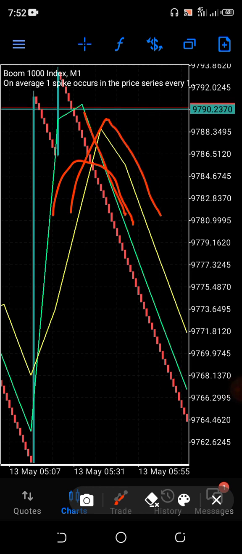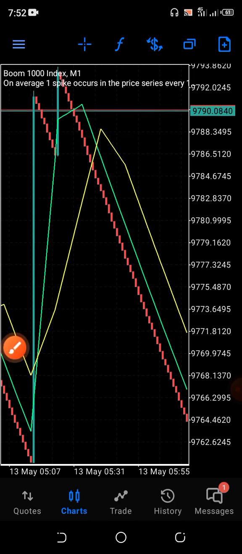So when you are asked to enter a trade when the lines cross, where will you enter? Will you enter at the cross of this, or which one will you use? That is why, because simple may look simple, but it has a delayed move.